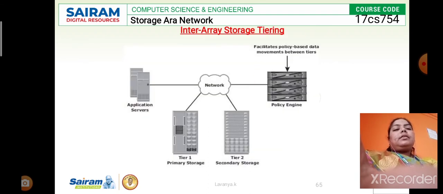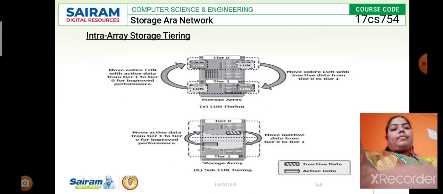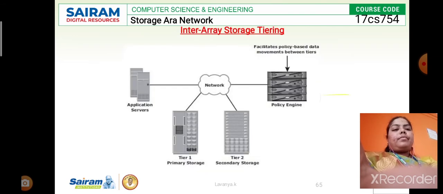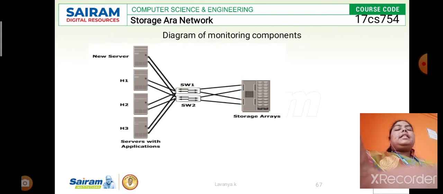See the diagram of the monitoring components here. The components I told you about are for the storage systems, the host, and the storage.